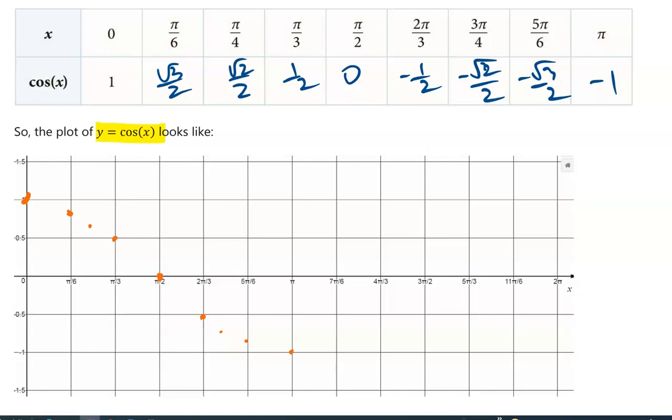Then 7 pi over 6. Then 4 pi over 3 is also negative 1/2. And 3 pi over 2 is 0. 5 pi over 3 is 1/2. 11 pi over 6. And 2 pi is positive 1. So now, this is the graph of cosine x.